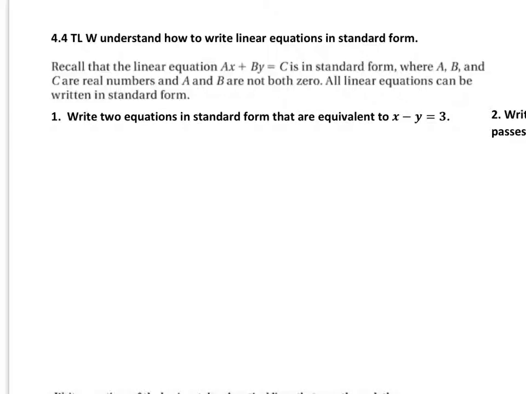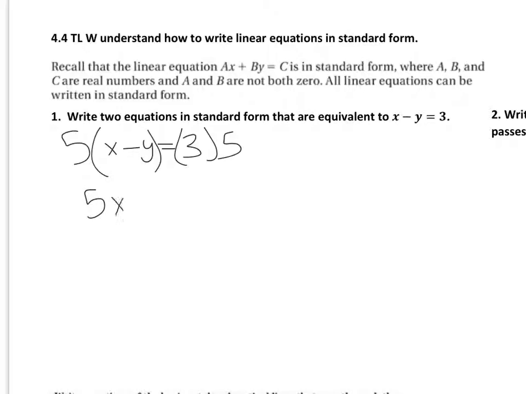Alright, so it says, write two equations in standard form that are equivalent to x minus y equals 3. Okay, so watch. You start with the original equation, and equivalent means multiply by 5.